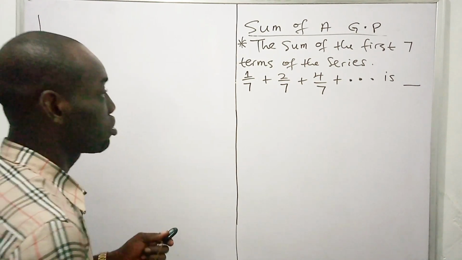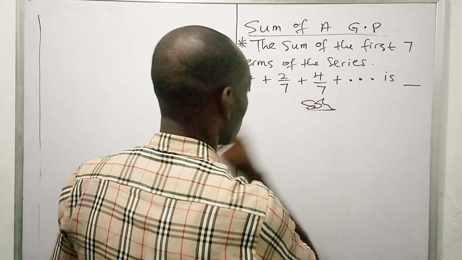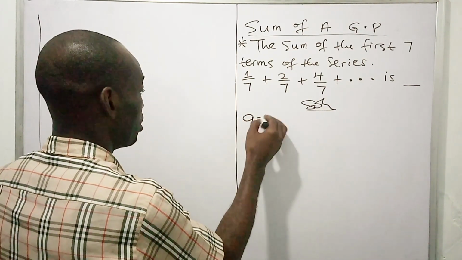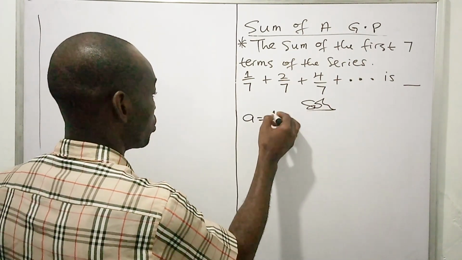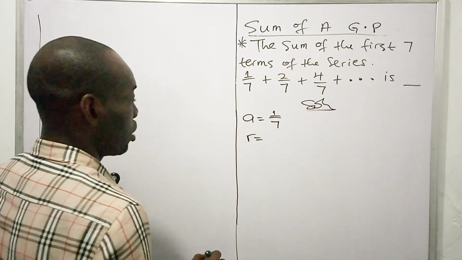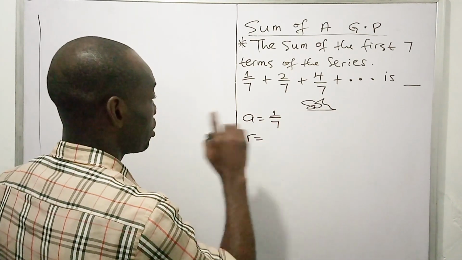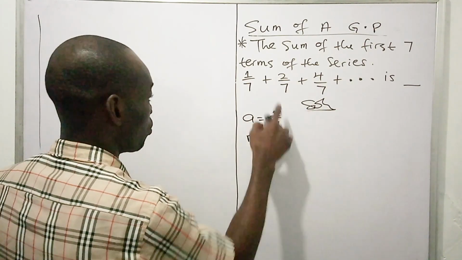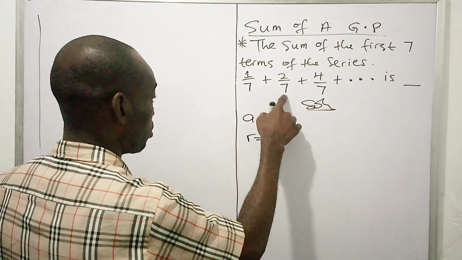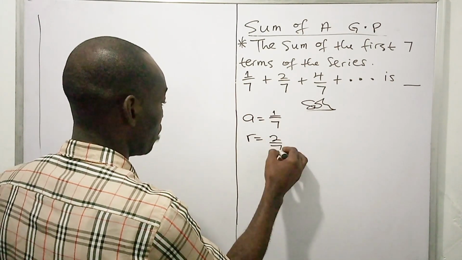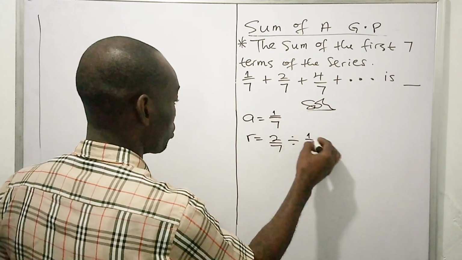So let's proceed straight to the solution. Our first term, A, is 1/7. Then, how do we get our common ratio? Our common ratio for a GP is the second term divided by the first term, or the third term divided by the second term. Using the second term, that is 2/7 divided by the first term 1/7.